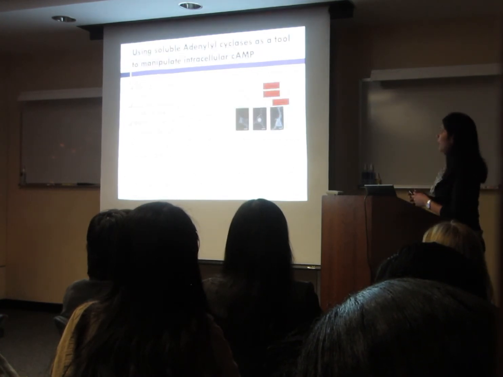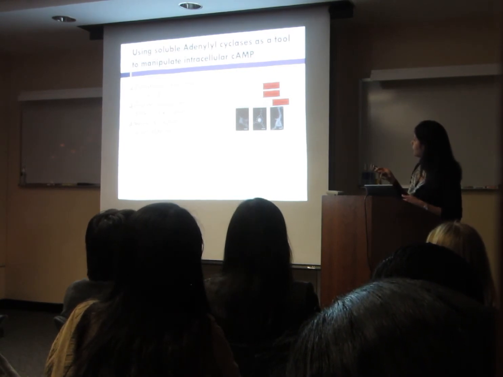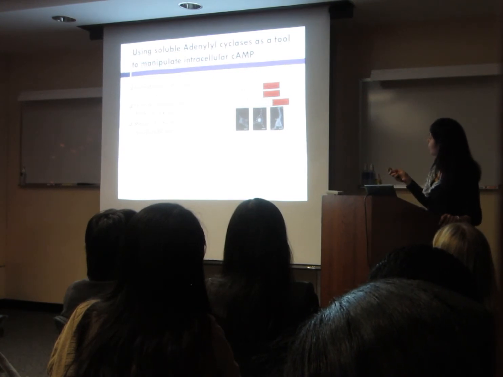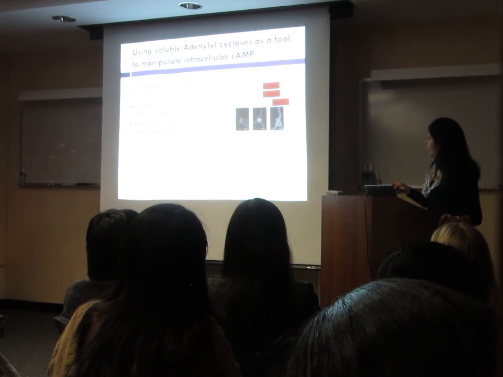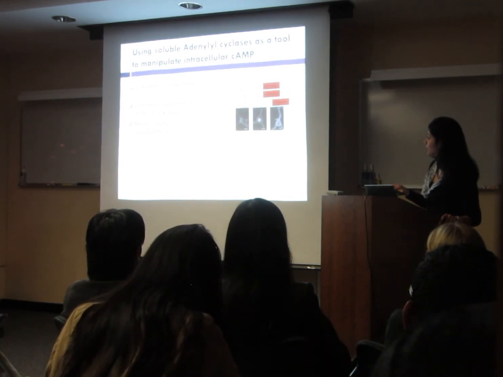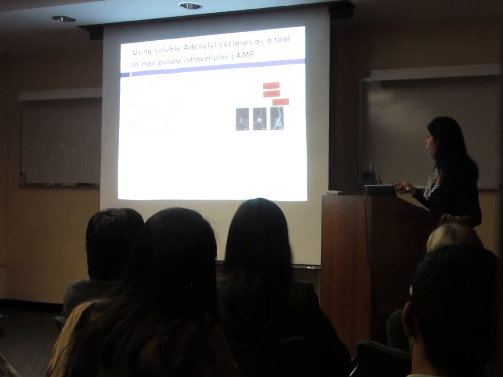So with this aim in mind, we utilized an isoform of adenylyl cyclases called soluble adenylyl cyclase. And it's a G protein independent form of AC, and its means of activation are bicarbonate and calcium. Furthermore, this is insensitive to a drug that activates transmembrane ACs called forskolin.